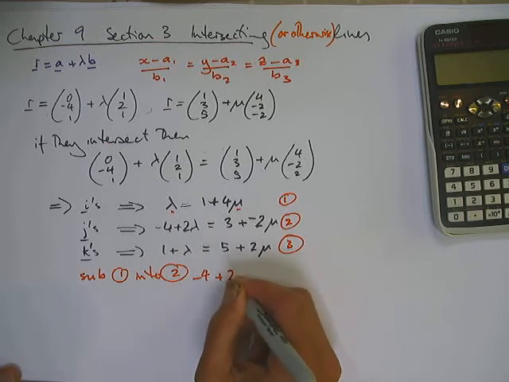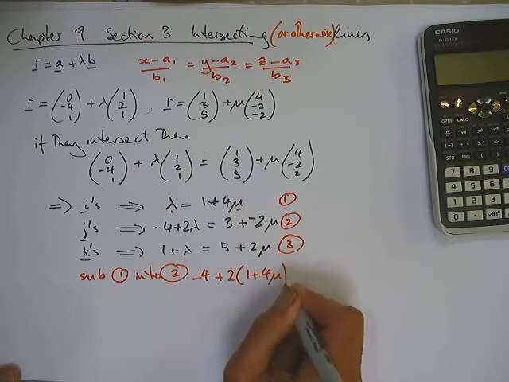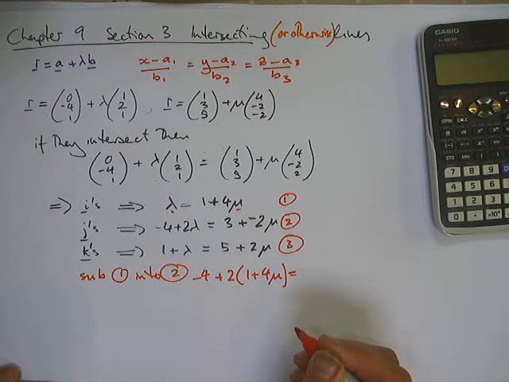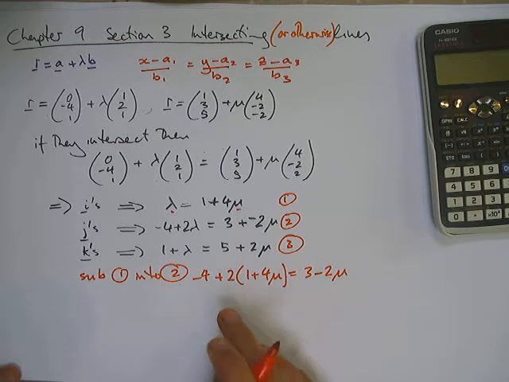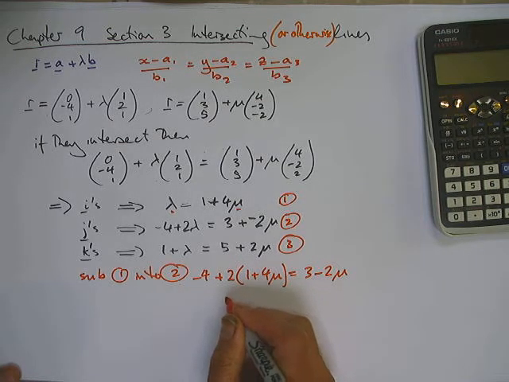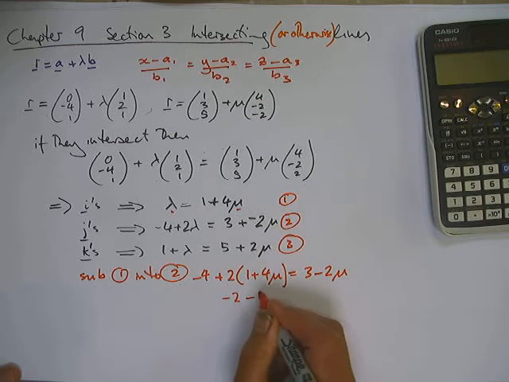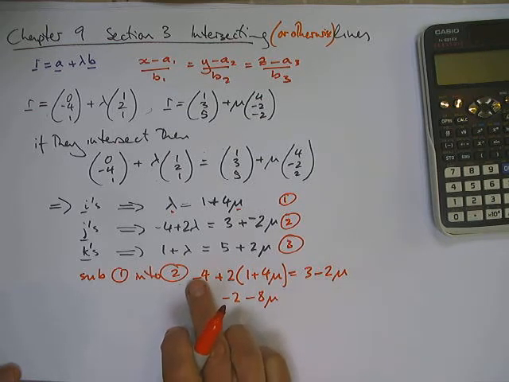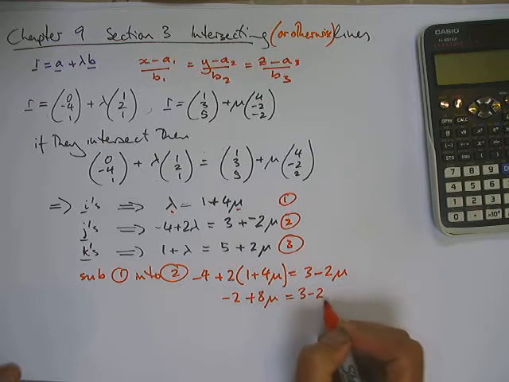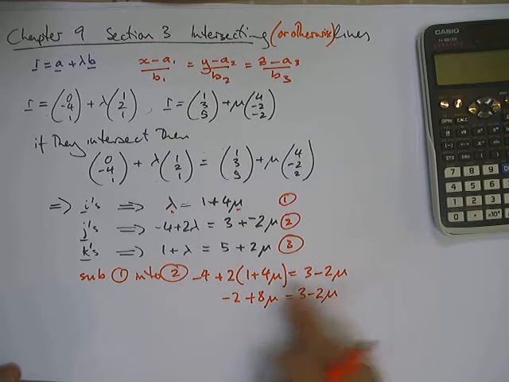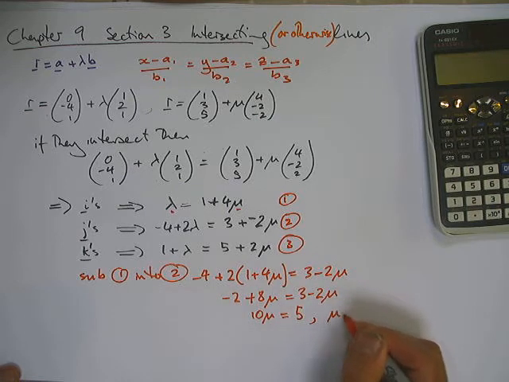Minus 4 plus 2 lots of 1 plus 4 mu equals 3 take 2 mu. So minus 4 plus 2 is minus 2, 2 times 4 mu is plus 8 mu, which is 3 take 2 mu, so I'm going to add 2 mu: 10 mu equals, add 2, is 5, mu is a half.